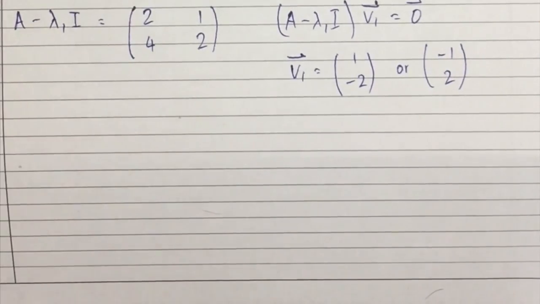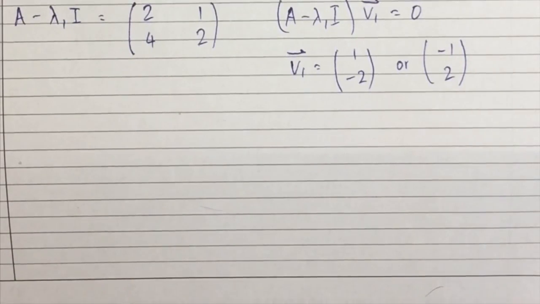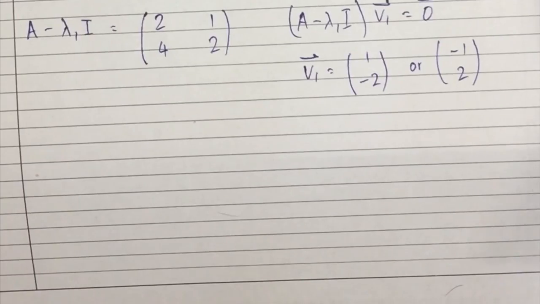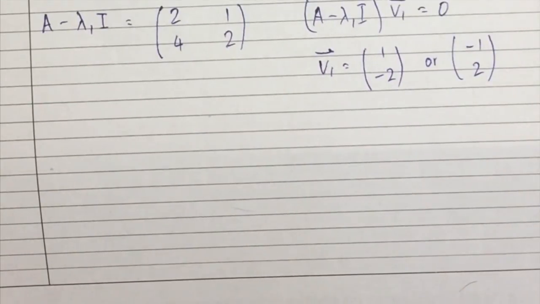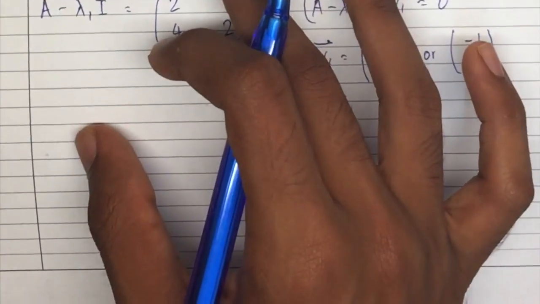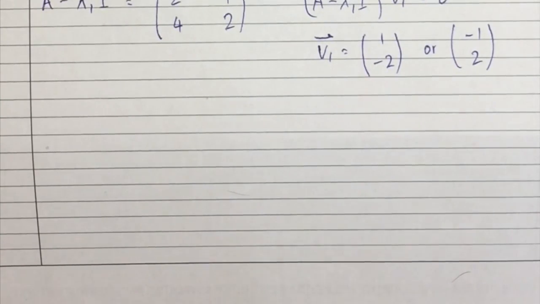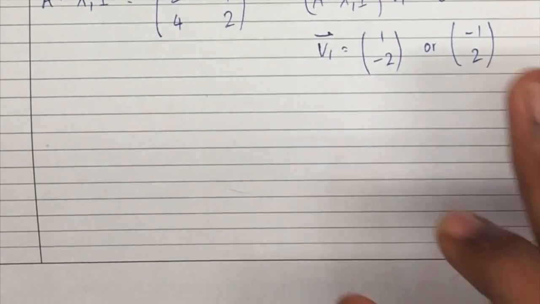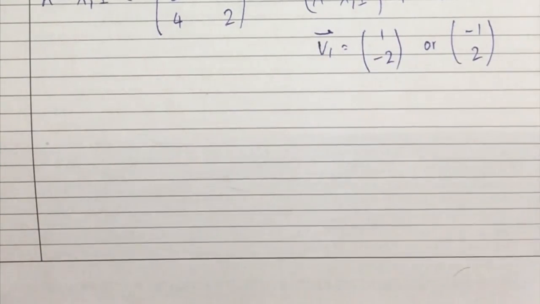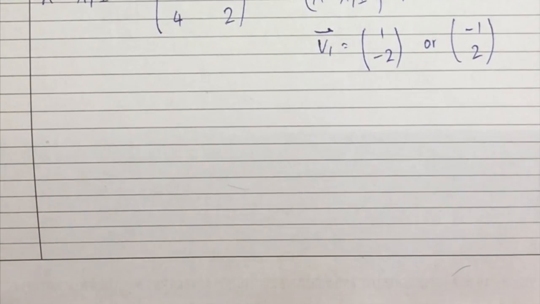It is still the same eigenvector, so multiplying by a constant is not going to change the eigenvector. So when I'm multiplying by -1, the eigenvector still remains the same.